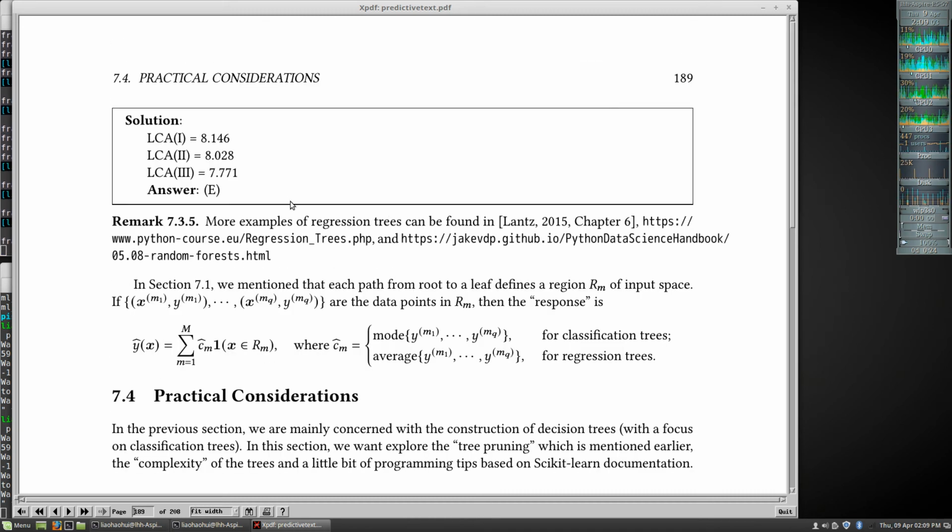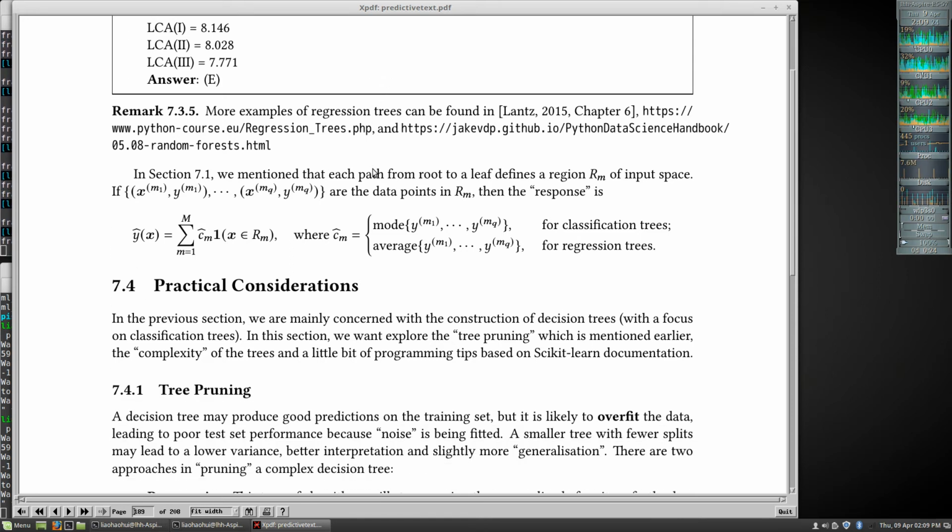The answer is already given, so you can just see it here. I hope my explanation shows how you can obtain the answers for the second and third ones based on the decision tree, or rather the regression tree.